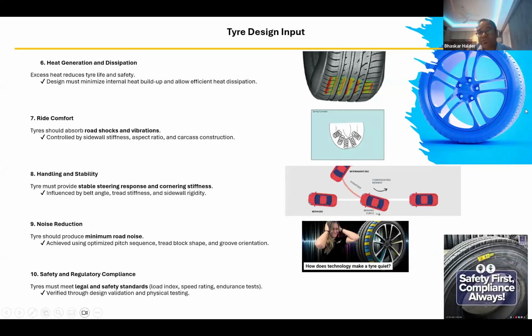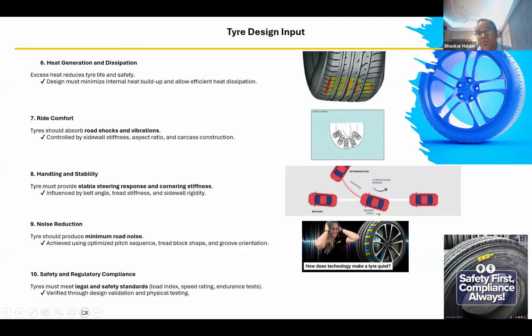Okay, so now suppose this is my tire. Day by day they are increasing the rim diameter, but the overall tire diameter should be the same, correct? Now as I increase this diameter, this height, which we call the aspect ratio, is reduced. Tires that were 70 aspect ratio are nowadays coming with 55-60 aspect ratio.